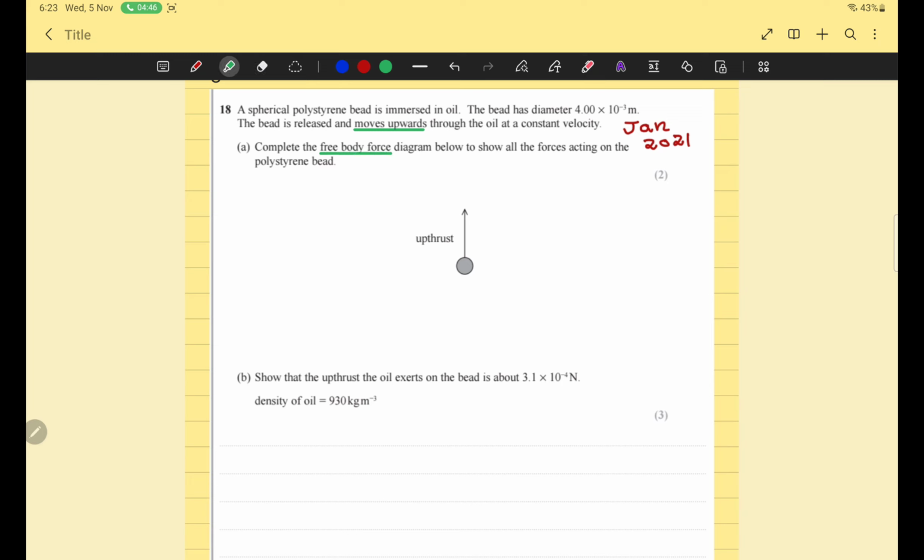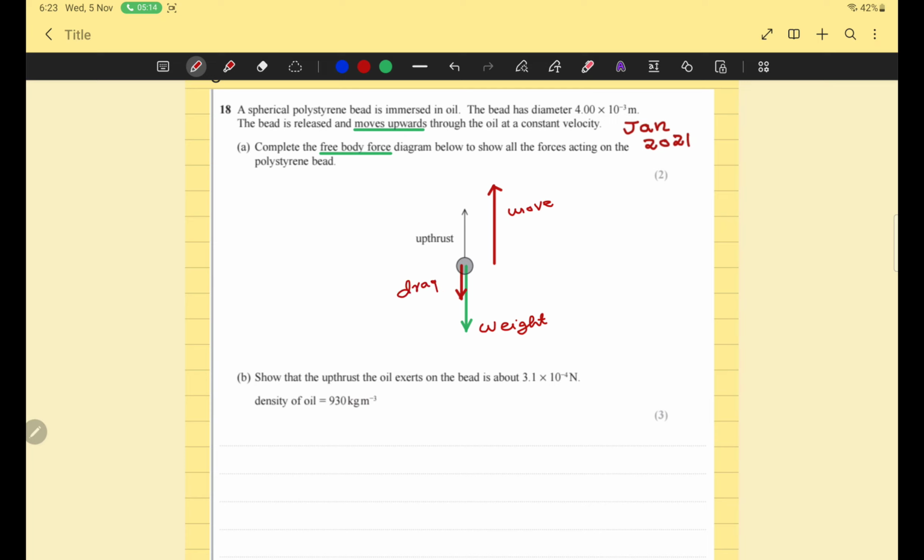Upthrust always acts upward. Weight always acts downward. If the bead is moving upward, then drag is always opposite to the direction of motion, so drag will be downward.